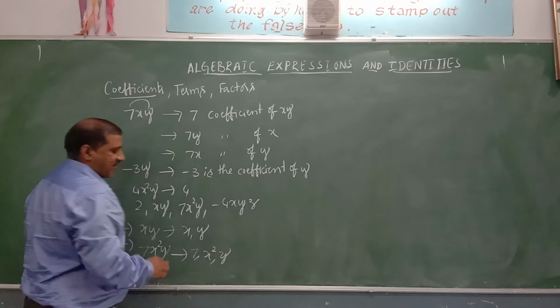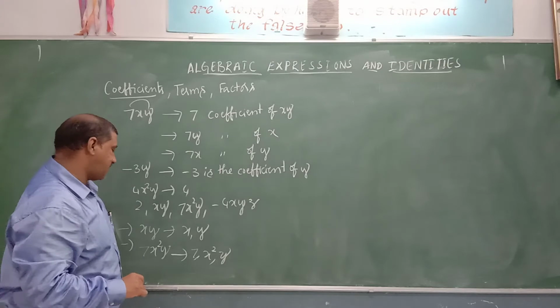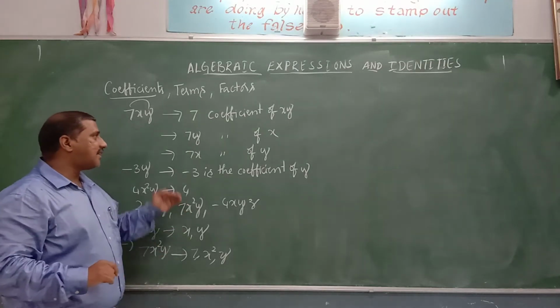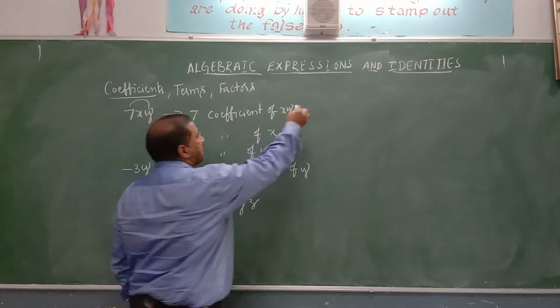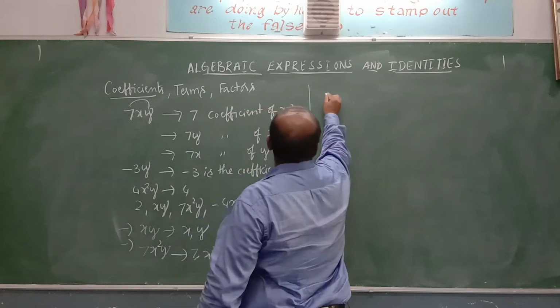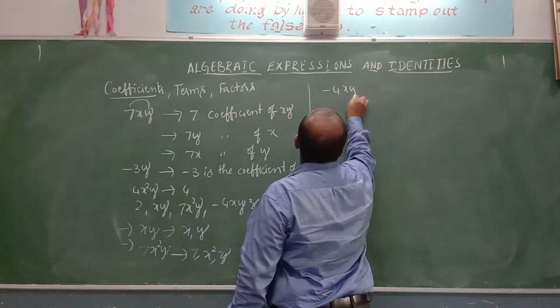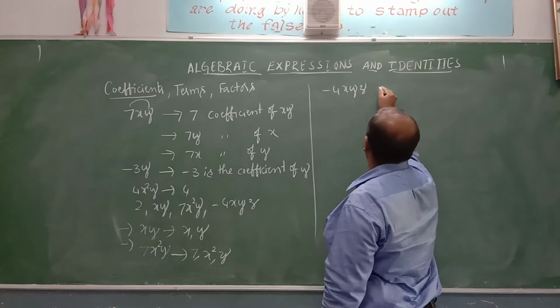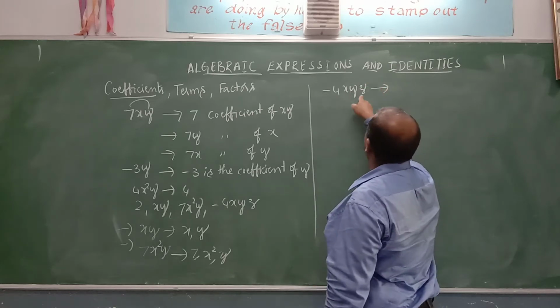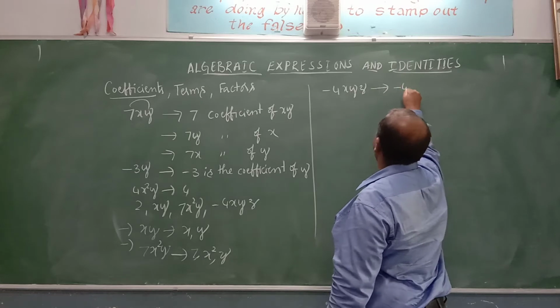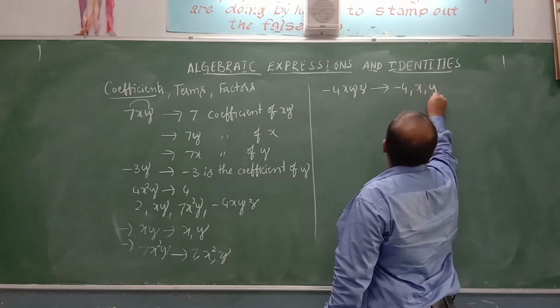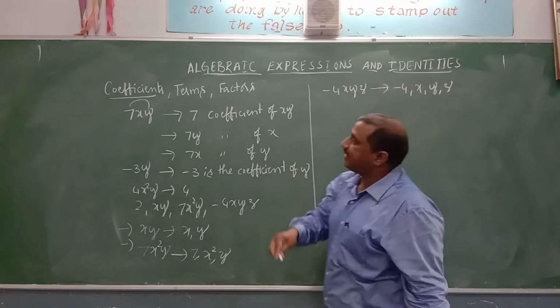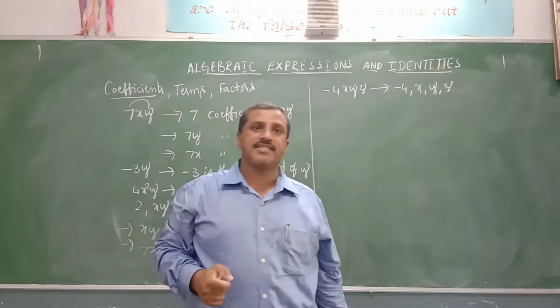For minus 4xyz, the factors are minus 4, x, y and z. These are the factors of the terms.